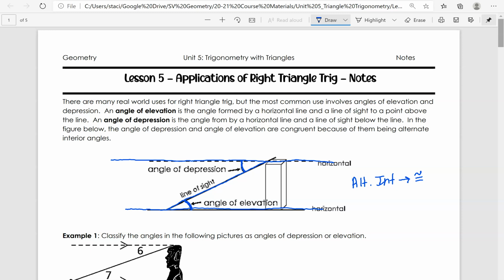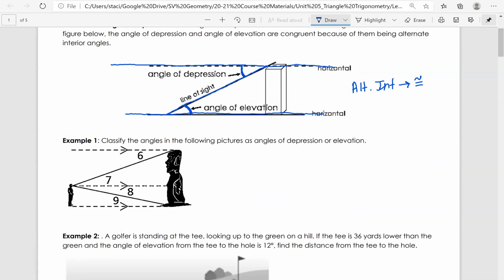So if you look at example 1, we're just going to do a quick classifying. If I look at angle 6 here, this would be considered an angle of depression, because if I look at my horizontal line here, and then here is my line of sight, I'm having to look downwards from that horizontal line.